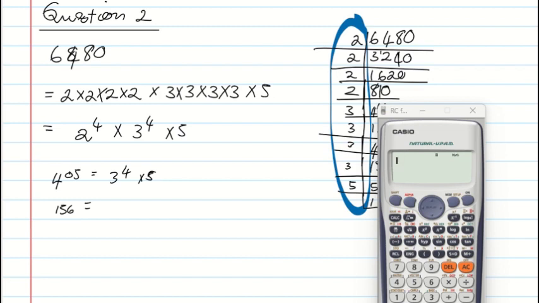Alright, so I would say 156 is equal to, in prime factorization, 2 to the power of 2 times 3 times 13. Now for the LCM of 156 and 405, there's a shortcut to determine the LCM.